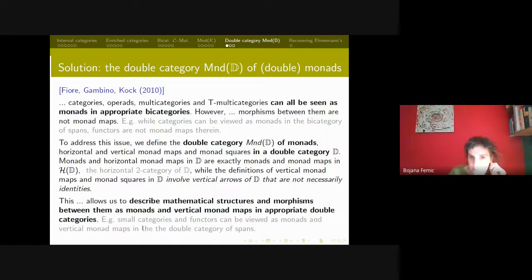And then, going back to the example from above, small categories and functors can be viewed as monads and vertical monad maps in the double category of spans. So in this way, they resolve this problem that existed with the morphisms of monads in the classical two category of monads in a two category.